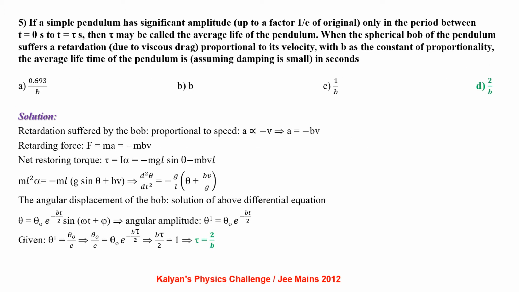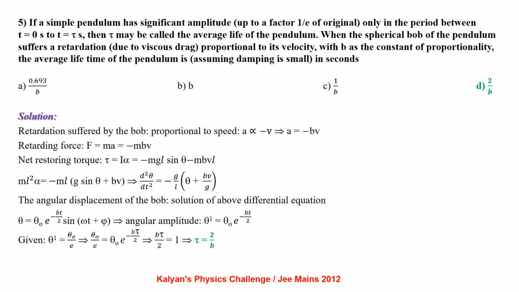If a simple pendulum has significant amplitude up to a factor of 1 by e of original only in the period between t equals 0 seconds to t equals tau seconds, then tau may be called as the average life of the pendulum.